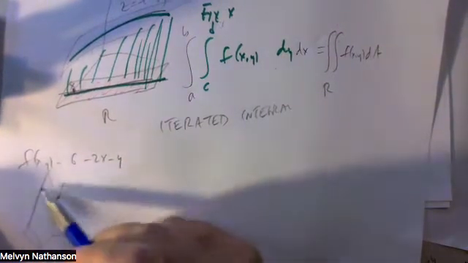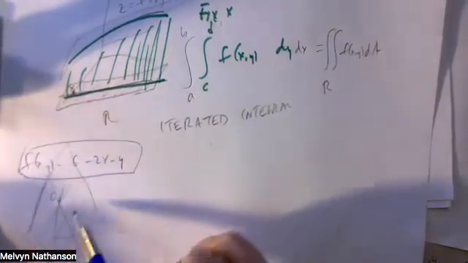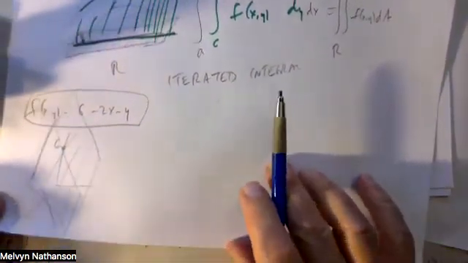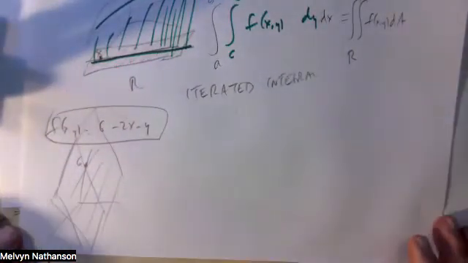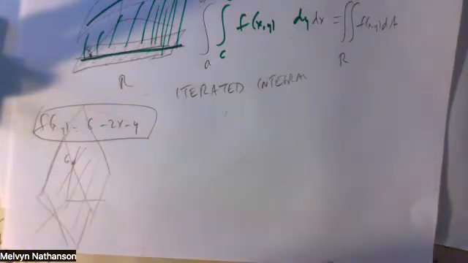I mean, it's hard to draw this thing, but the graph of this function is some plane in three-dimensional space. Again, I really encourage you during these classes to have your book open on your computer and to look at it, because you'll see the pictures much, much more clearly.